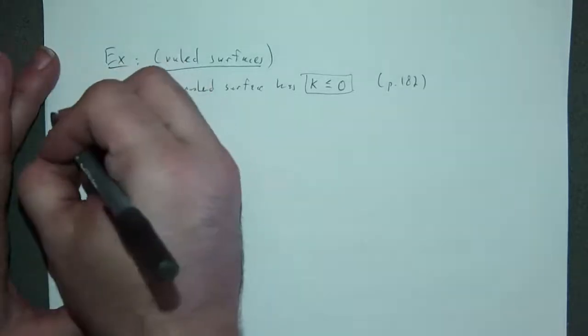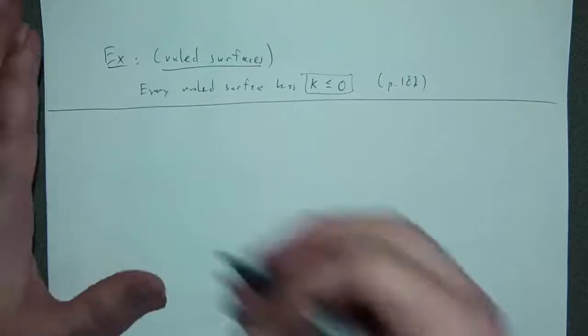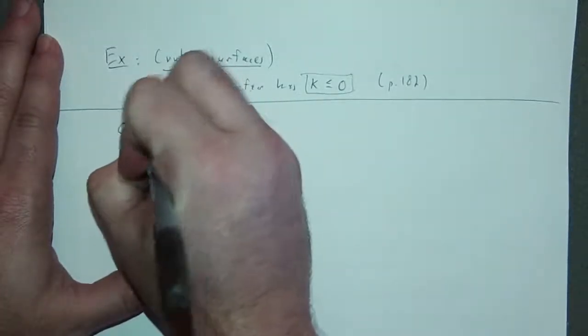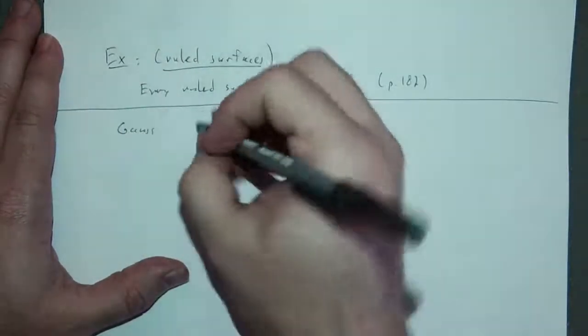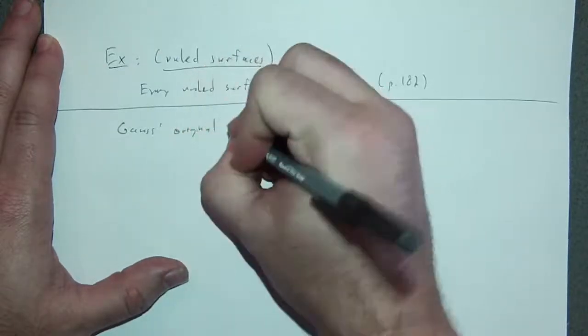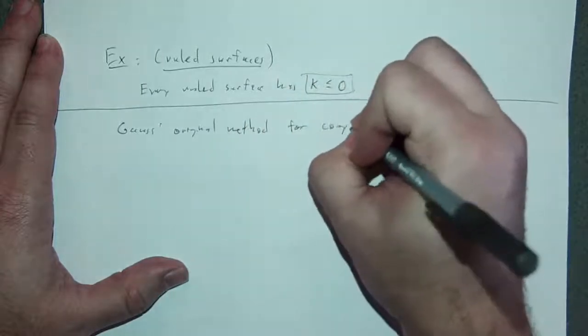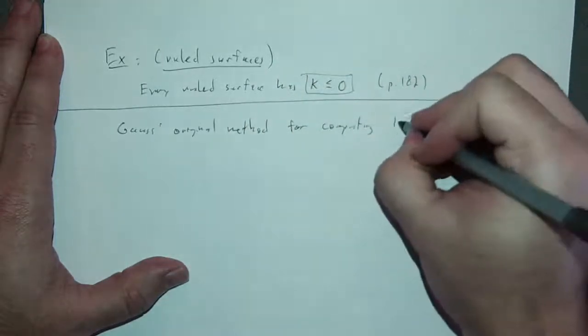Now, Gauss actually did not originally compute Gaussian curvature in this way. This came a little bit later. I believe this is the original method. So Gauss's original method for computing the Gaussian curvature was as follows.